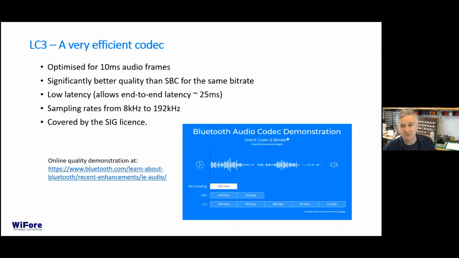Now, if you go to the Bluetooth website, there's a demonstration of this. You can actually listen to music in full non-encoded form, and you can then see what it sounds like in the different versions of LC3 as we change the sampling and the bit rate. You can get right down to the levels that we're planning to use in hearing aids, and it's virtually indistinguishable from the lossless original. It really is surprisingly good quality.